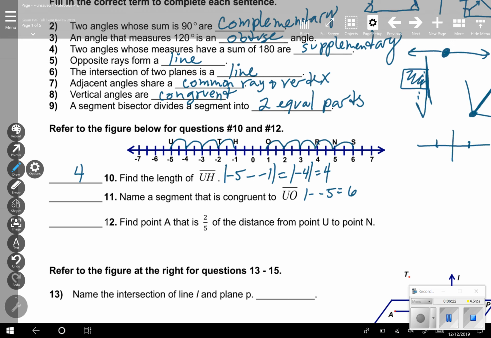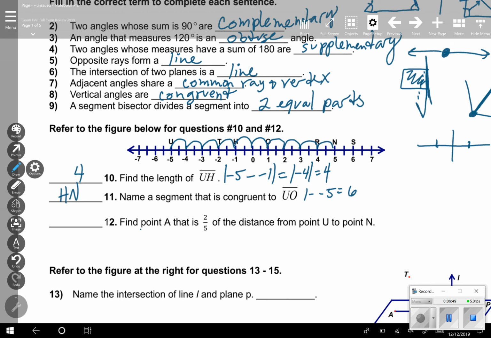No, OS doesn't quite work, so we can't do that. Okay, how about H? Maybe if we go from H to one of these points here. So let's see, 1, 2, 3, 4, 5, 6. HN, that'll work. And of course, that's not the only one, but just so we understand, congruent segments have the same length.